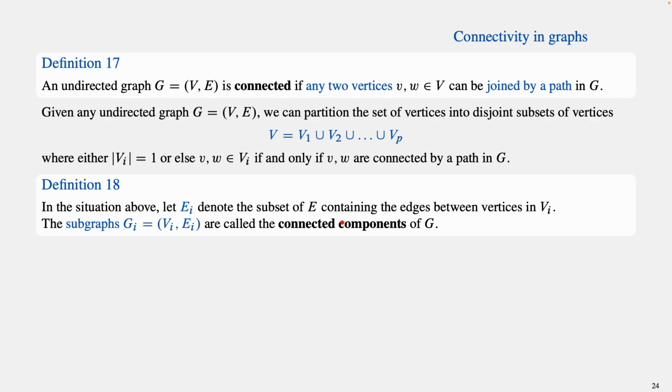And also that between these disjoint subsets there are no edges going back and forth, because otherwise the vertices would have to be contained in the same set.